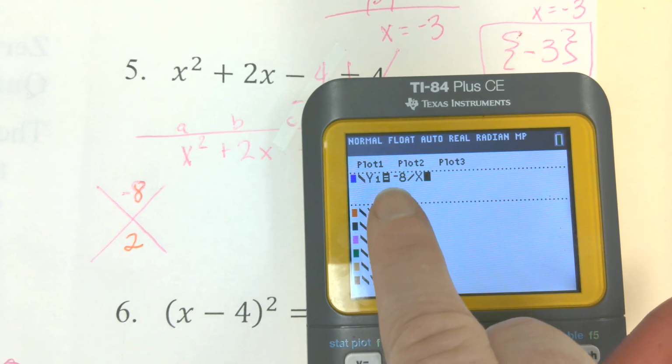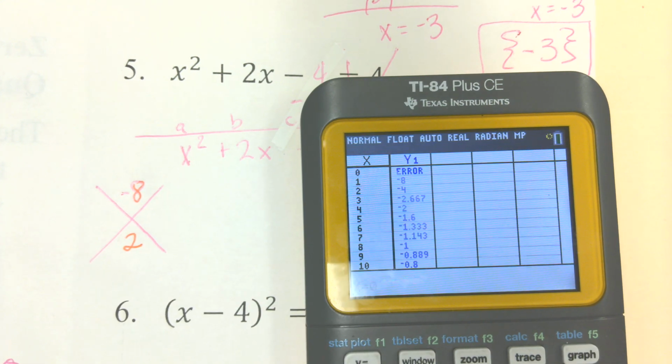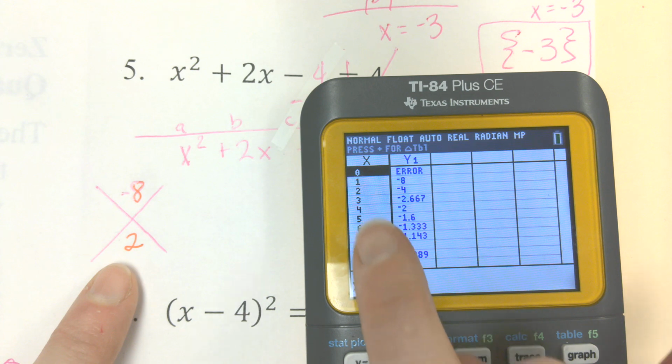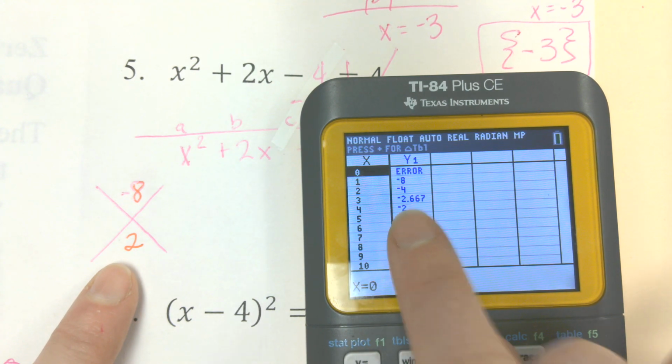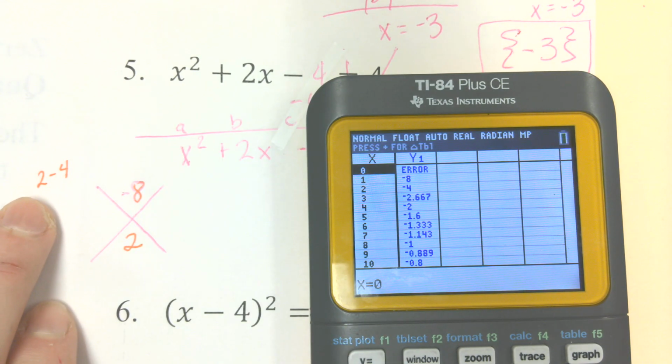So we got to figure that out. So we could go and write all of our factors. So remember, you put the top number, negative 8 divided by x. Look at your table and see which ones are going to add to give a positive 2. So I have 1 and negative 8. No. 2 and negative 4. If I have 2 and negative 4, what does that equal?